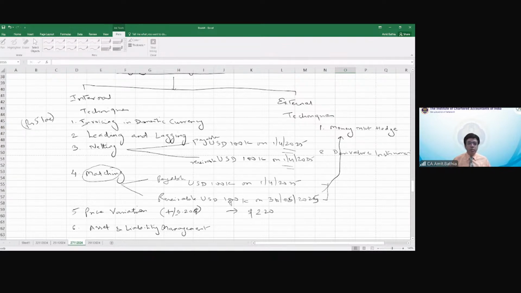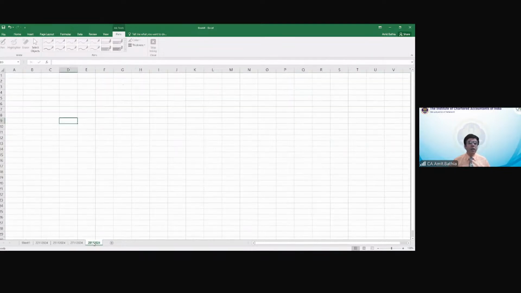All right. Now, before we start with that, the last time we left, we had done one sum on leading and lagging. So I'll start with a couple of concepts to take it forward with leading and lagging. We'll solve one sum on leading and lagging, and then we will continue with futures and options. Right?